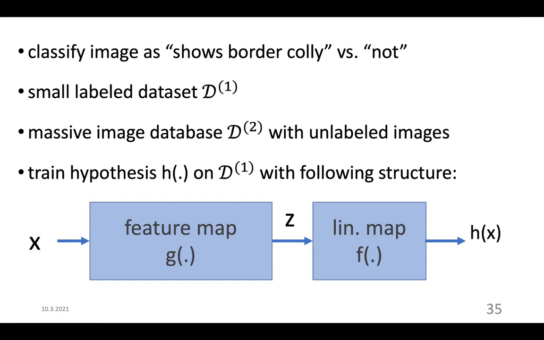We use this feature map then as a pre-processing step for a hypothesis on the smaller data set. For example, we could use the big database with unlabeled images to learn a feature map using some dimensionality reduction method. And we will hear about such methods in next week's lectures.